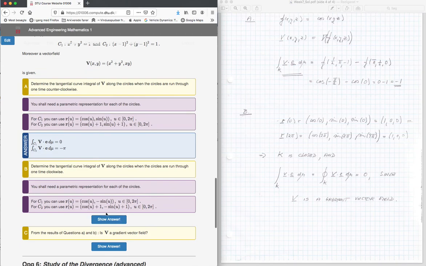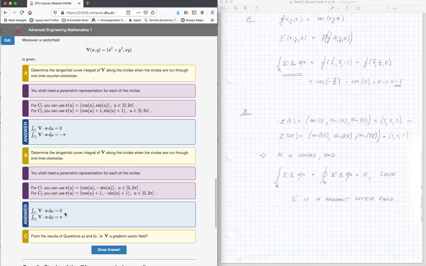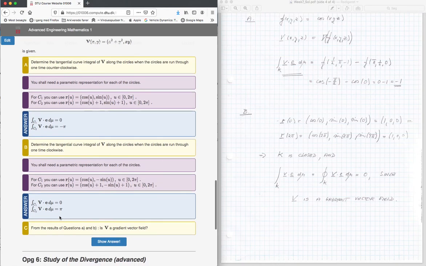And similarly for the second parameterization. And now you can do the computations and you get this result. So the first curvilinear integral is still 0, and along C2 you change the sign, and you always do that when you change the direction of this curvilinear integral.